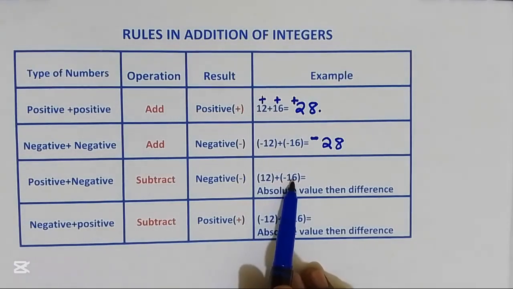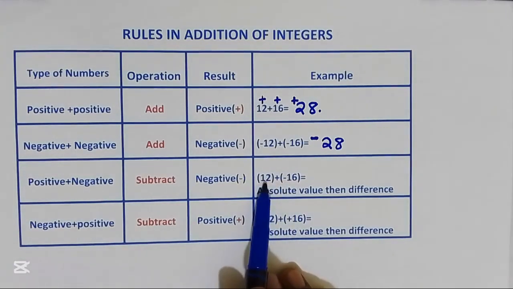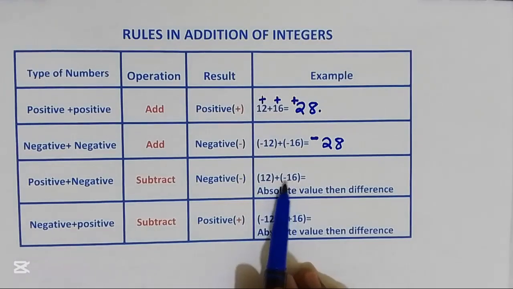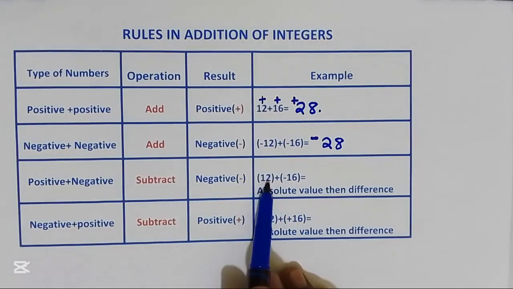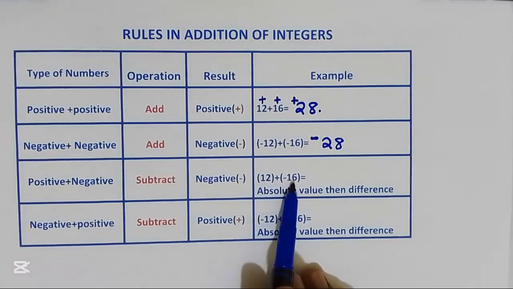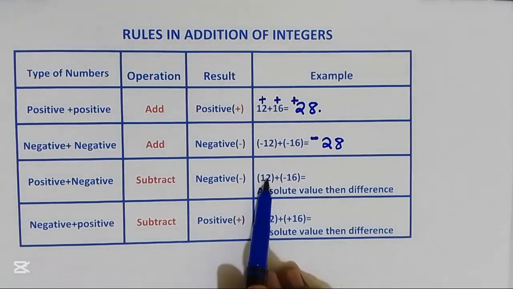We are going to find the absolute value of each number. Absolute value of 12 is 12, and absolute value of 16 is 16. After that, we are going to find the difference, that is 16 take away 12, we are going to get 4.